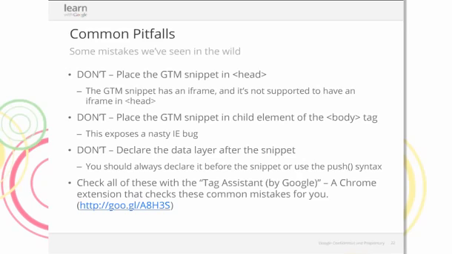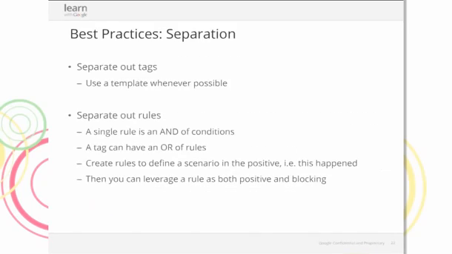You can always check all of these pitfalls in a handy Chrome extension called Tag Assistant by Google, and it's downloadable in the Chrome Web Store and should also be available in the resources folder, which Sarah alluded to earlier. Okay, so the next best practice, separation. Always separate your tags whenever possible.